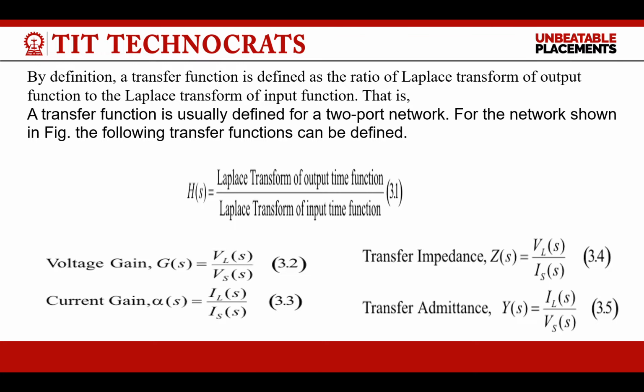The transfer function is the Laplace transform of the output time function to the Laplace transform of the input time function. So there are four parameters: voltage gain, current gain, transfer impedance, or transfer admittance. It means output quantity upon input quantity. Output quantity may be voltage or current, and input quantity may be voltage or current.